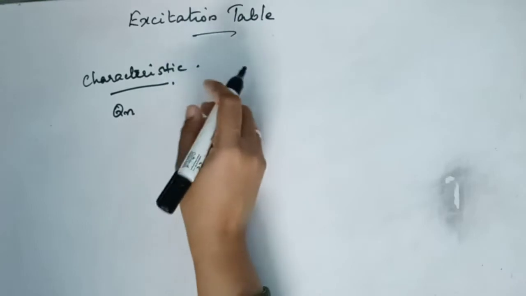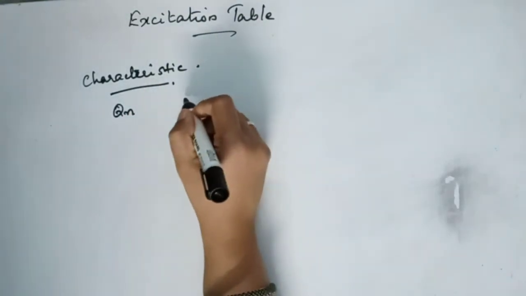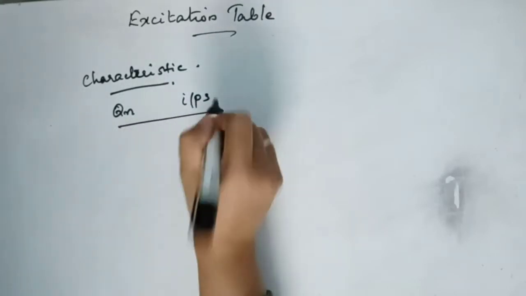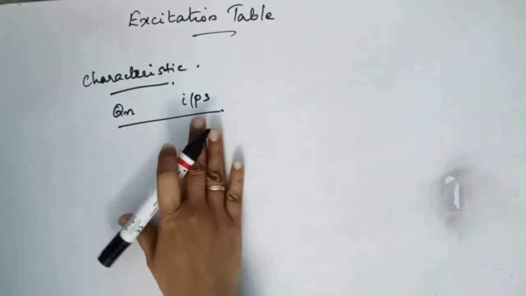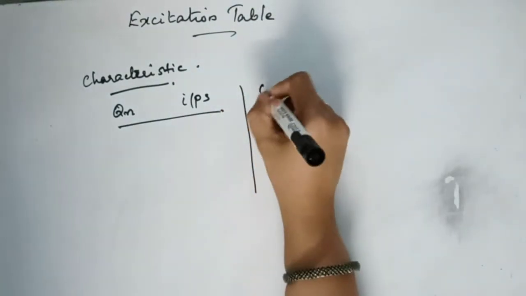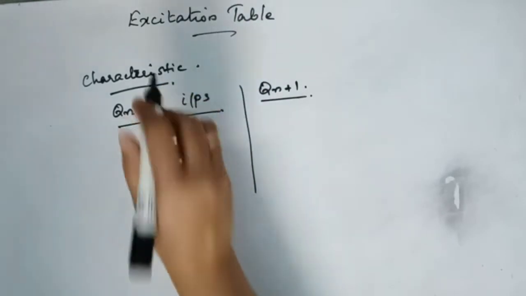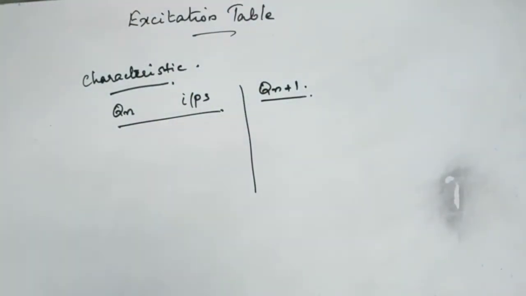If it's T, we know what T is. So previous state and the inputs we know. Knowing these, what we are finding out is the next state. So that is the characteristic table.